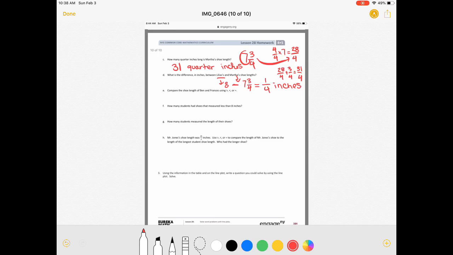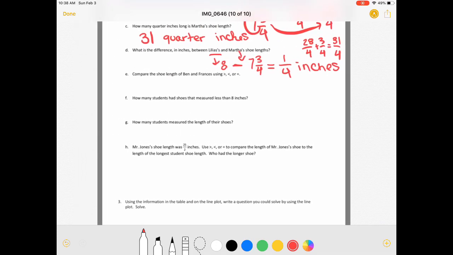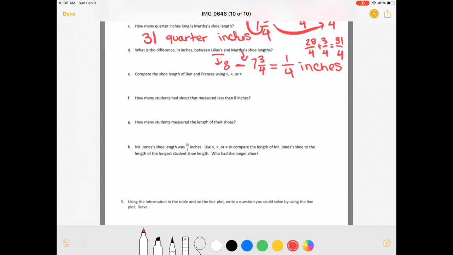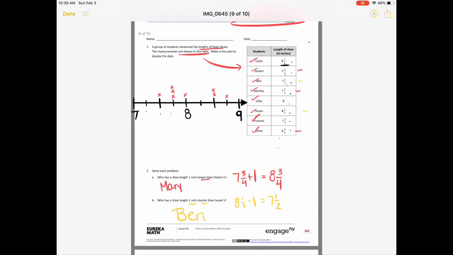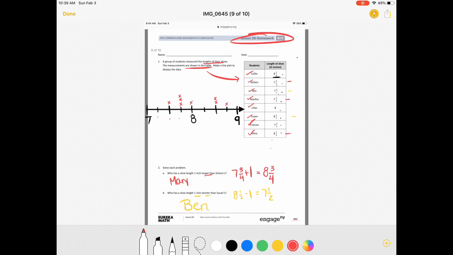Okay, E says compare the shoe length of Ben and Francis using greater than, less than, or equal to. Well, let's go back and see what their shoe lengths are. Ben is 7 1/2 and Francis is 7 3/4.